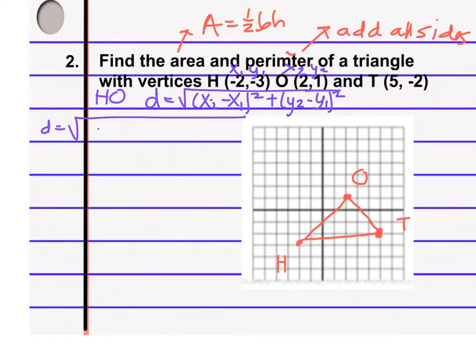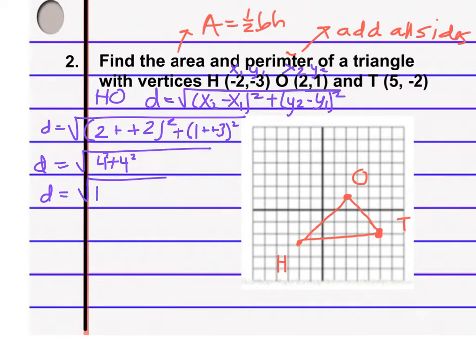I have 2 minus -2, that becomes a plus. For my y2, I have 1 minus -3, which also becomes a plus. So I get 4 plus 4. These are squared still. 4 squared plus 4 squared, I get 16 plus 16. I get the square root of 32.